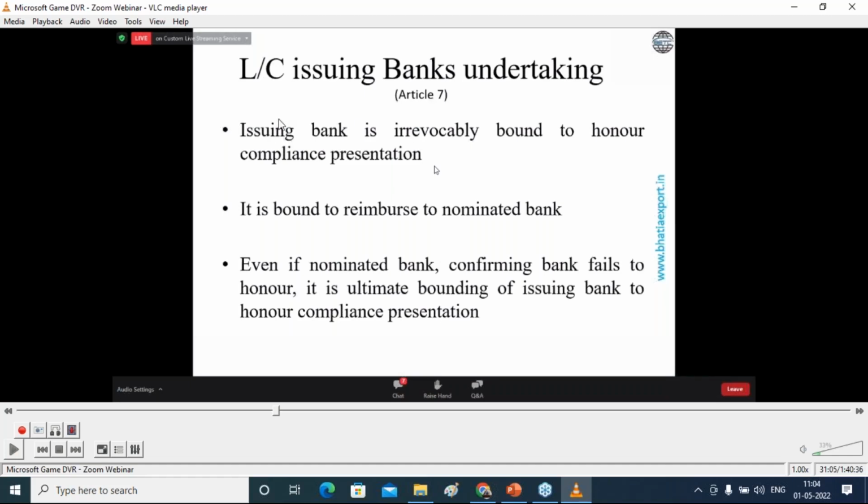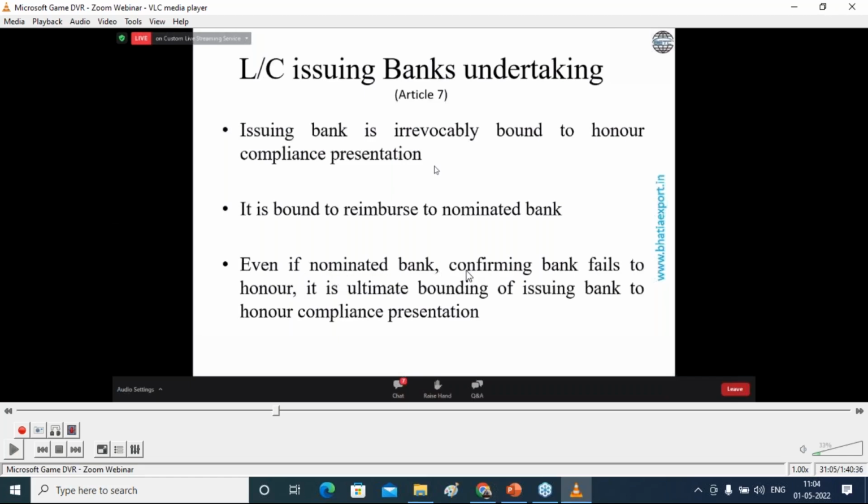So the bankers have irrevocably taken this, which means bankers can't change it. They are bound to make the payment, subject to presentations being in compliance, meaning all documents comply with the LC. It is bound to reimburse the nominated bank. Payment has to be sent through banking channel only.